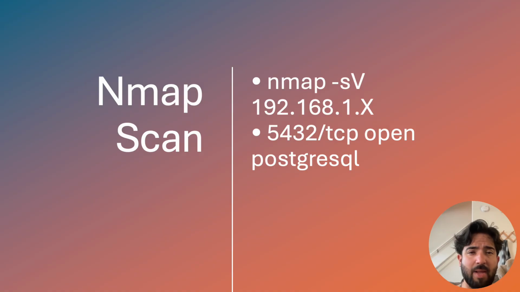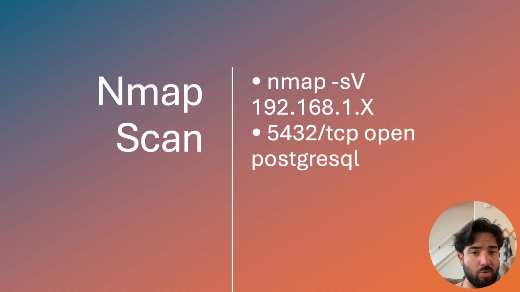Next, I used my Kali Linux machine to run an Nmap scan against my Linux server to verify that the PostgreSQL service was visible from another system on the network. I used the command nmap -sV to perform service detection, which allows me to see not only open ports but also what services are running on those ports.